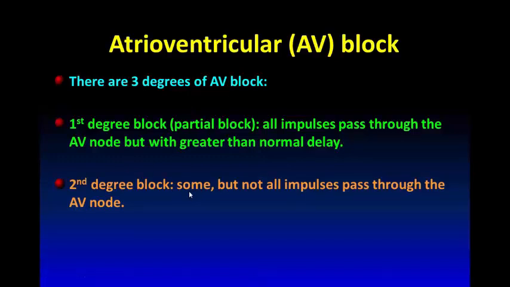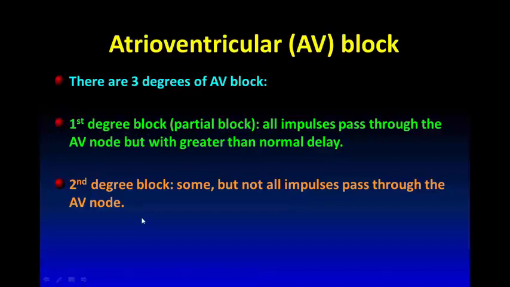In second degree AV nodal block, some but not all the impulses originating from the sinoatrial node pass through the AV node. So it is a more advanced degree of block than the first degree heart block.